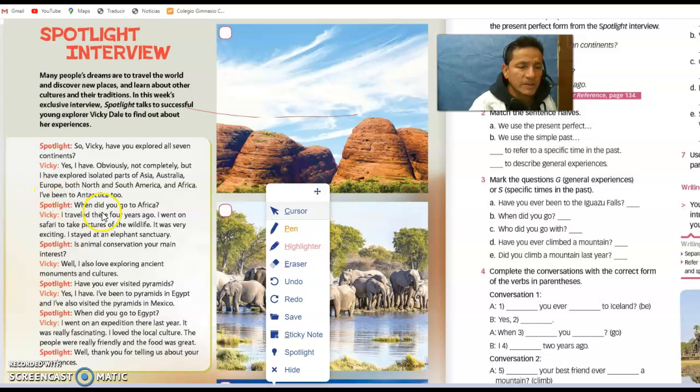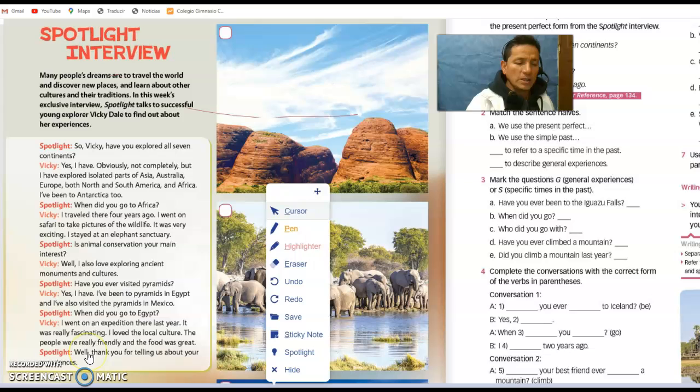Have here, being is also a verb, did is an auxiliary verb, go, travel, went, take, was, stayed. And here love, exploring, have, visited, have been, go, did, went, loved, was.